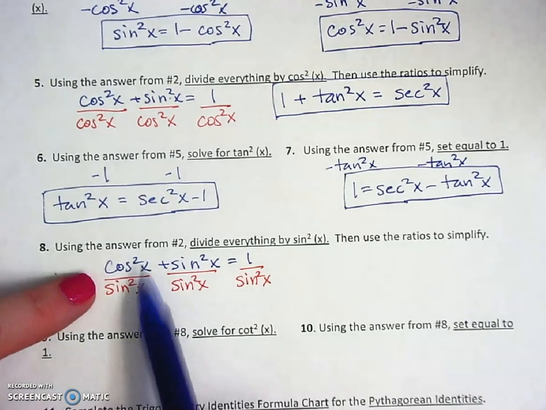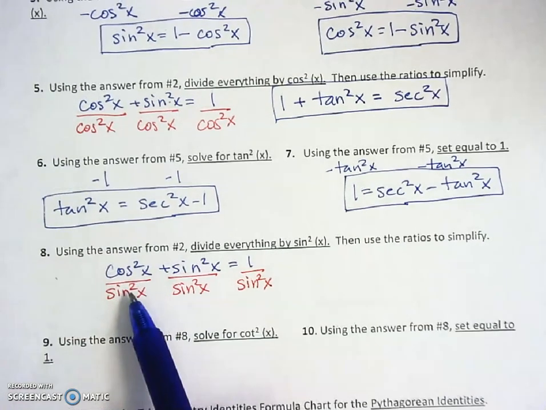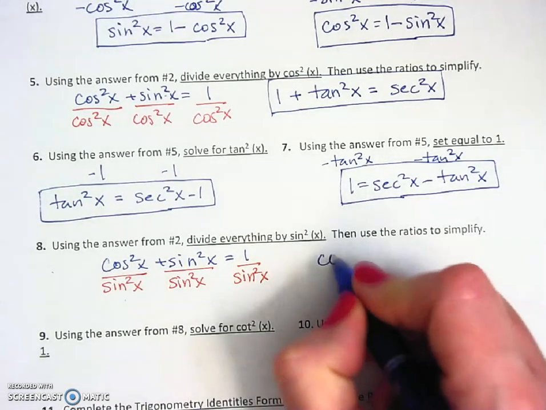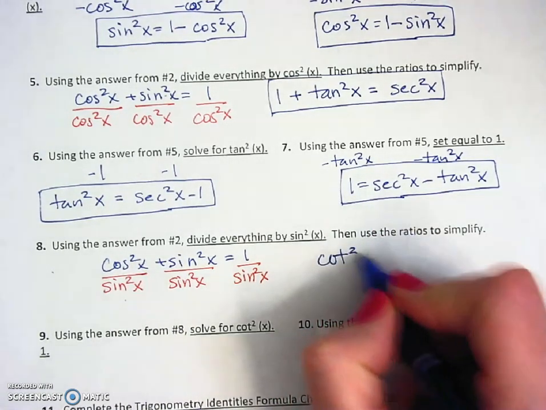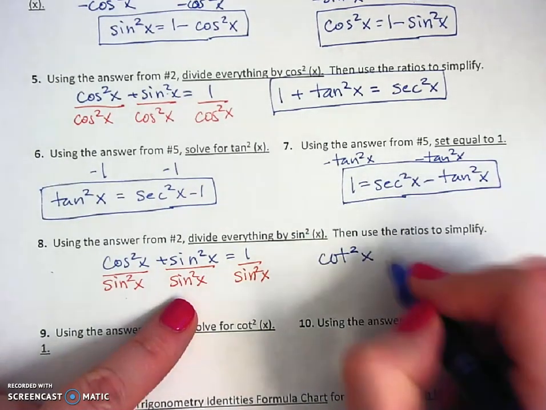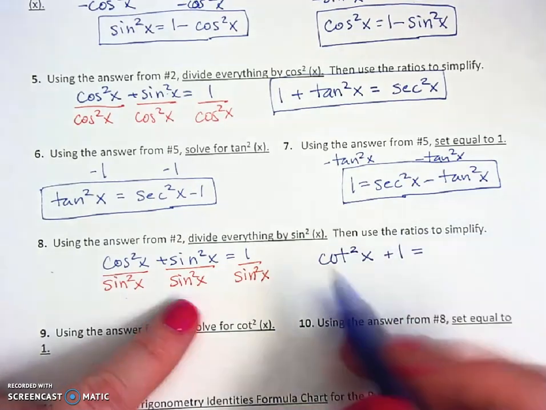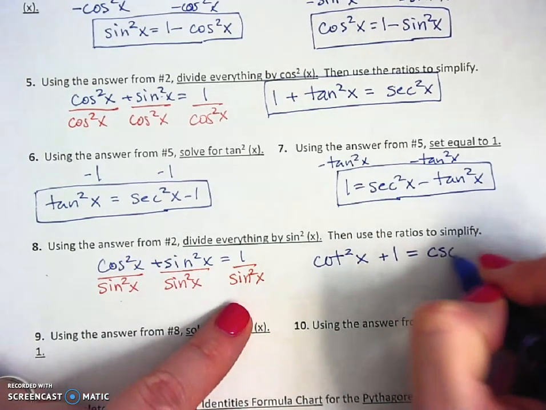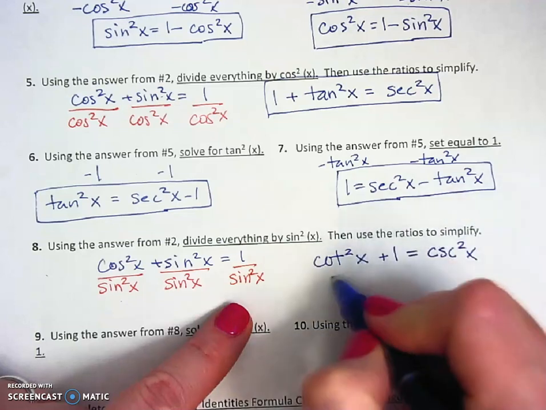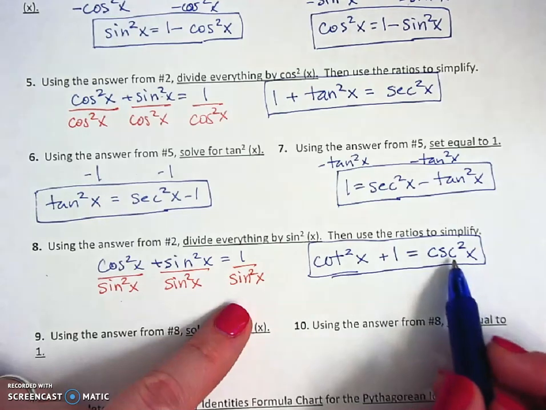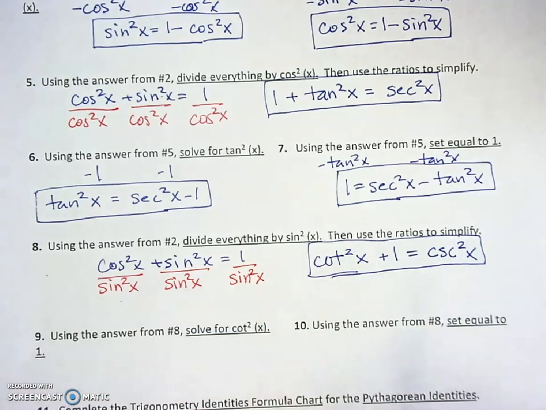So this first term, cosine over sine, is cotangent, and it's squared, so that rewrites as cotangent squared. Sine squared divided by itself simplifies to 1. And then 1 over sine squared can be rewritten as cosecant squared x. So now we have this new identity where the left side and the right side are interchangeable.